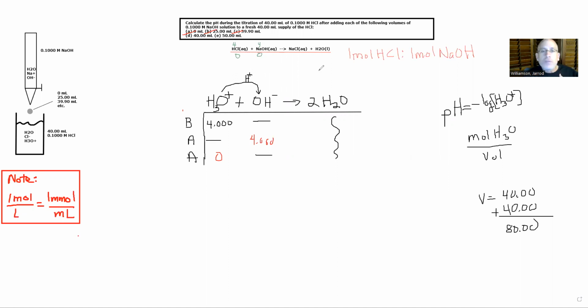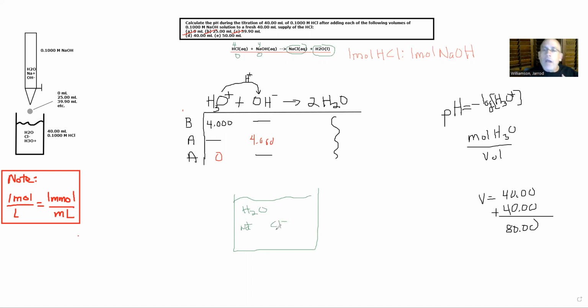What am I left with? I'm left with salt in water. So now in here, I have a beaker of water with sodium ions and chloride ions.